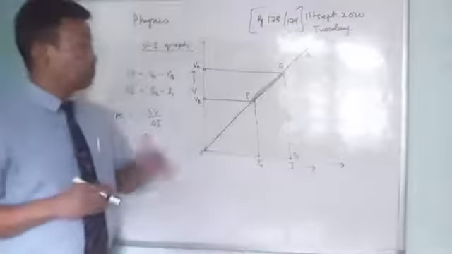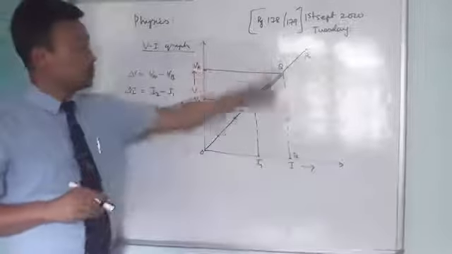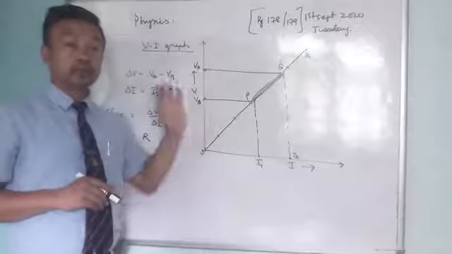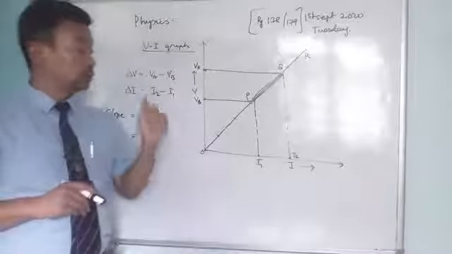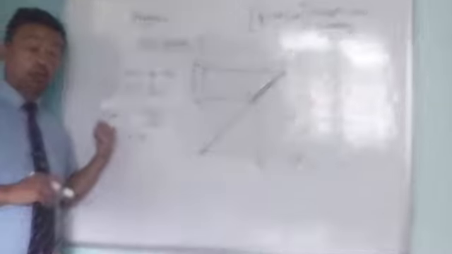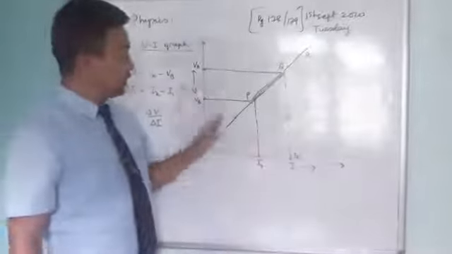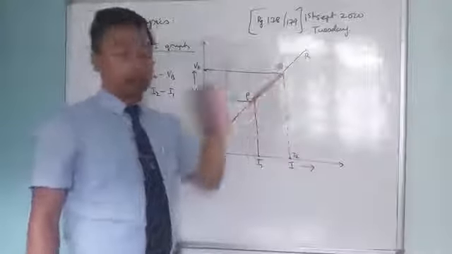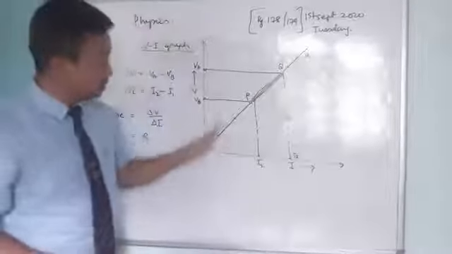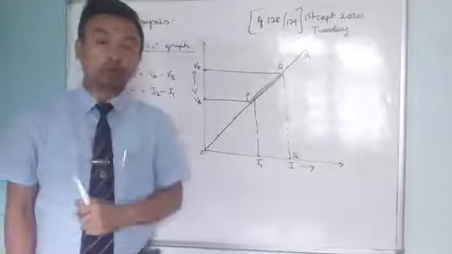So the VI graph is plotted to give the slope, and this slope will give you the resistance of the conductor, which will always be a straight line. That means if in the VI graph you get a straight line, it is obeying Ohm's law.